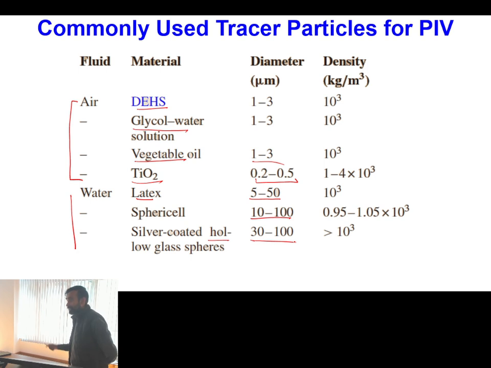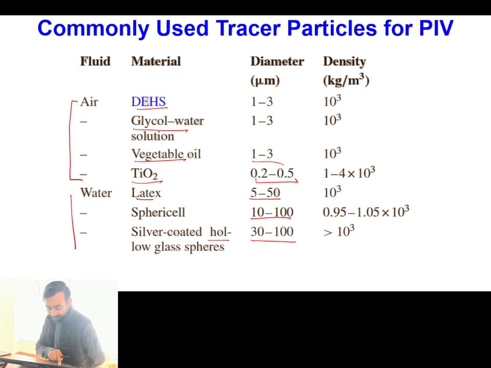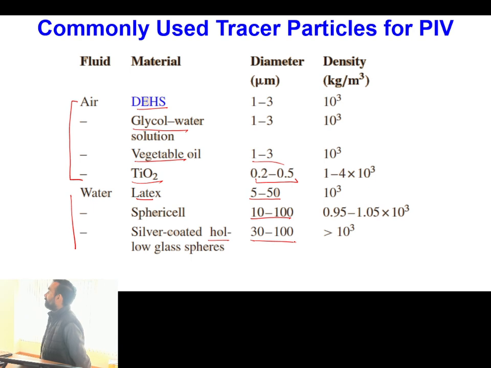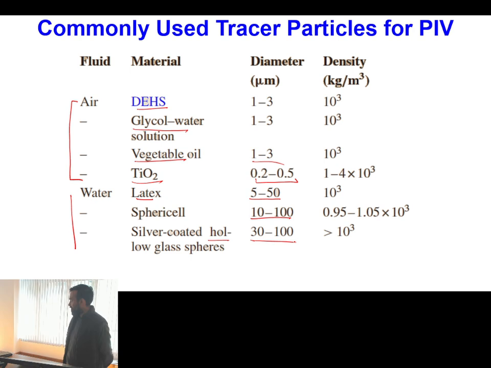You can now clearly see that water is slightly more viscous in comparison to air. So the characteristic time scale of water will be larger in comparison to the characteristic time scale of the flow of air. Because of this, with water we can even operate with slightly larger sized particles. Is this point clear?